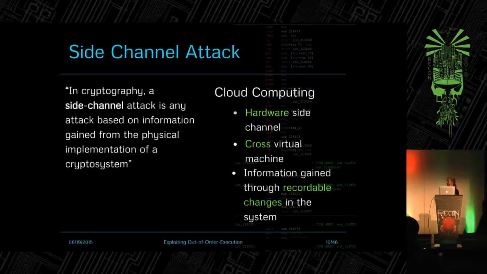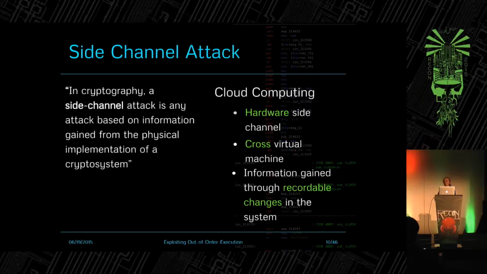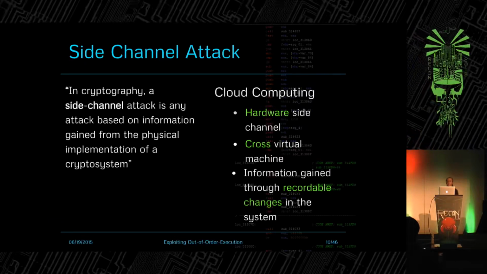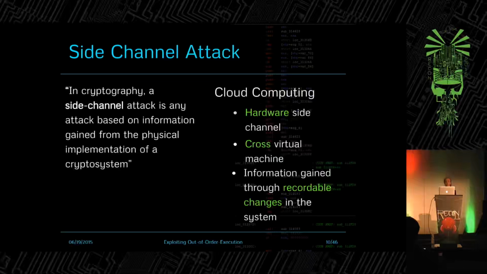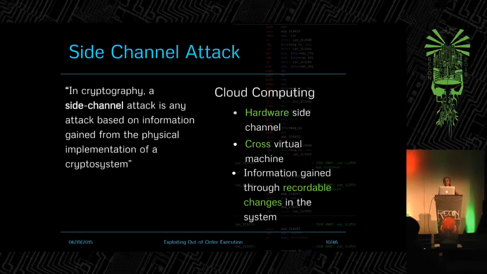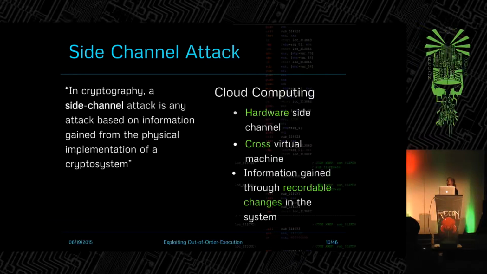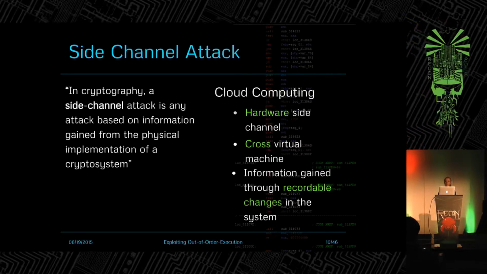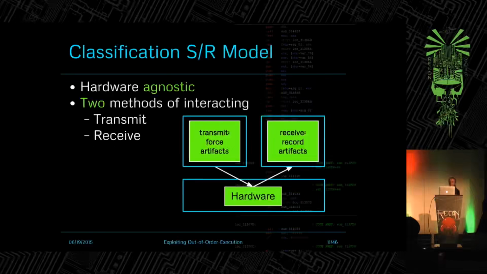This does mean that the information must be both recordable and also repeatedly recordable. So you have to be able to reliably learn information from that environment and be able to map that to the same known processes or to the same known information with a certain degree of certainty.